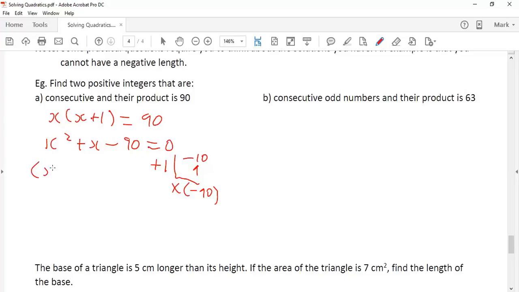So then we have in our brackets x plus 10 and x minus 9 equals 0, and that gives us x equals negative 10 and 9. So remember, since they only want the positive ones, we'll take the 9, so the numbers are 9 and 10.